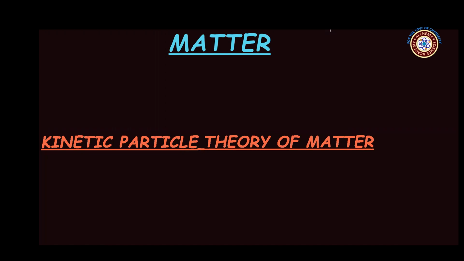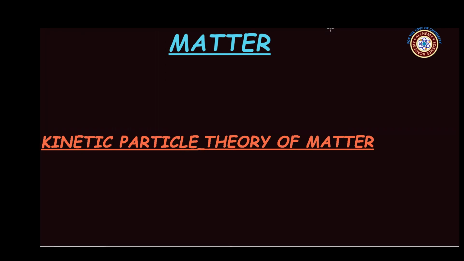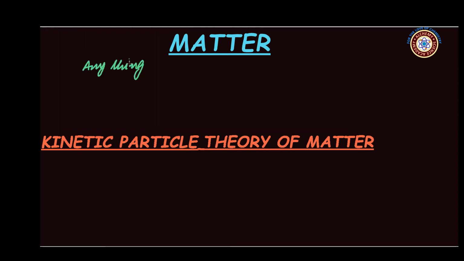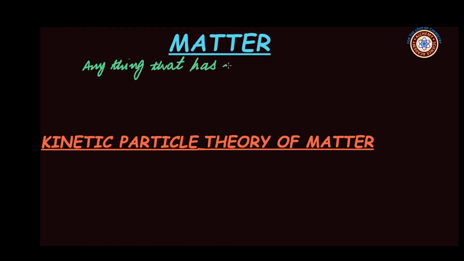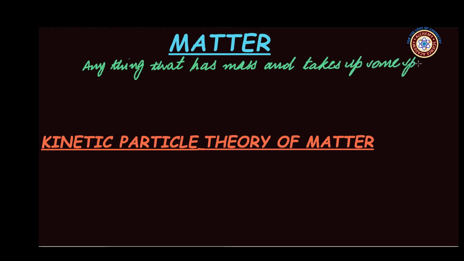The word matter is used to cover all the substances and materials of which the universe is composed. Scientifically, matter is defined as anything that has mass and takes up some space.